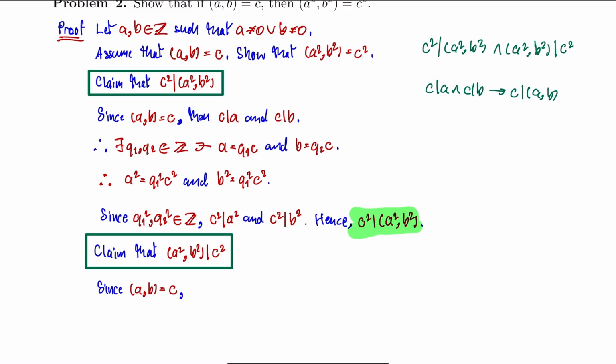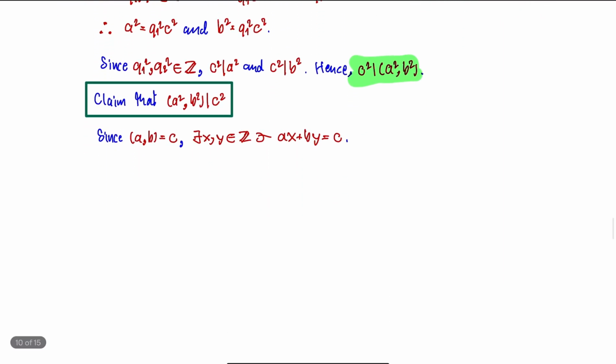So we're going to have Bezout's identity, right? So there exist integers x and y such that ax plus by equals c. Okay, this is the Bezout identity.